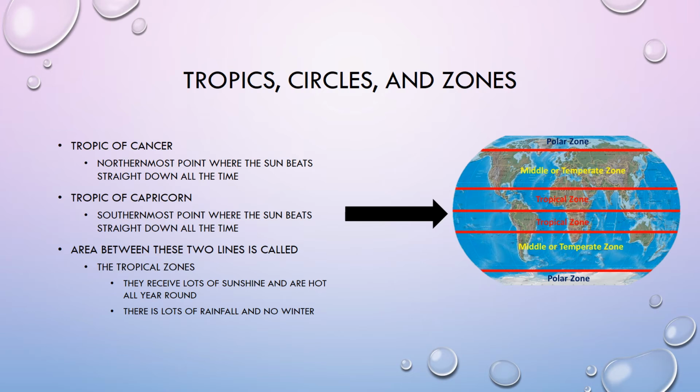These tropical zones receive lots of sunshine and are hot all year round. There's lots of rainfall, and they really have no winter season, or rather, it never really gets cold there like it does in Michigan.